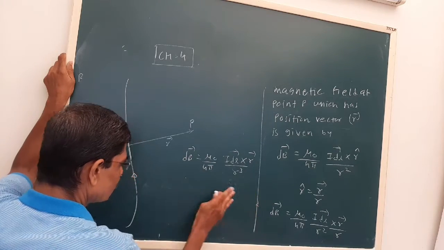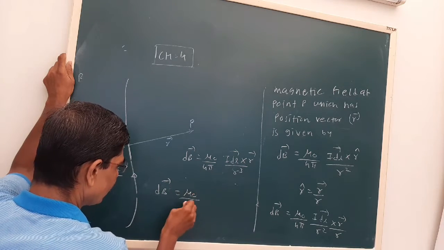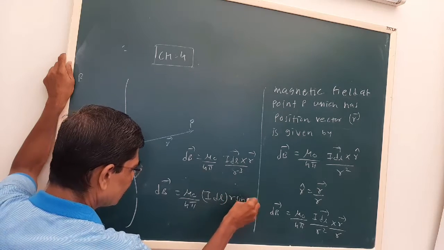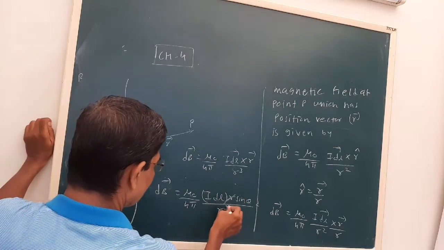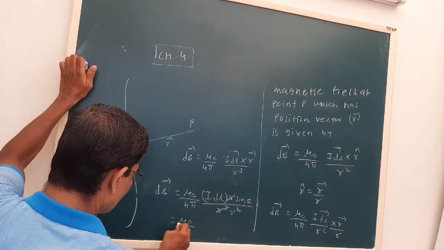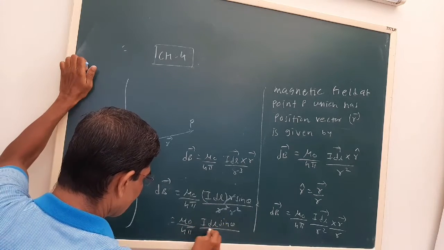So here also dB is mu 0 upon 4 pi IdL R sin theta upon R cube. One of the R will vanish: mu 0 upon 4 pi IdL sin theta upon R square.